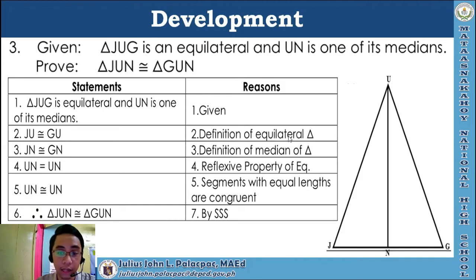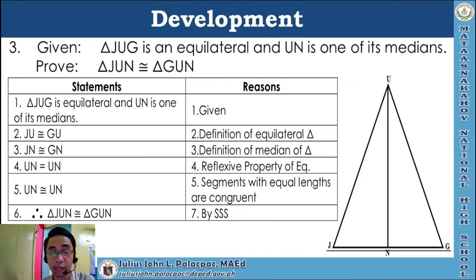Definition of equilateral triangle. So, we can also say that JN is congruent on GN based on the median of triangle. Ito yung definition natin kanina ng median na hinahati niyo yung isang line segment, na divide yung median sa dalawa equally. You can also say UN is equal to UN by reflexive property of equality.